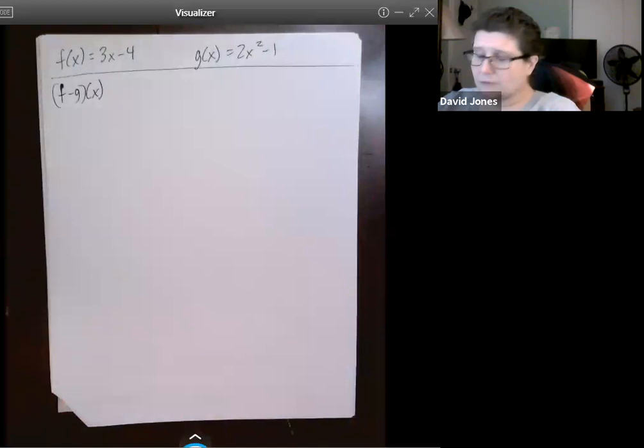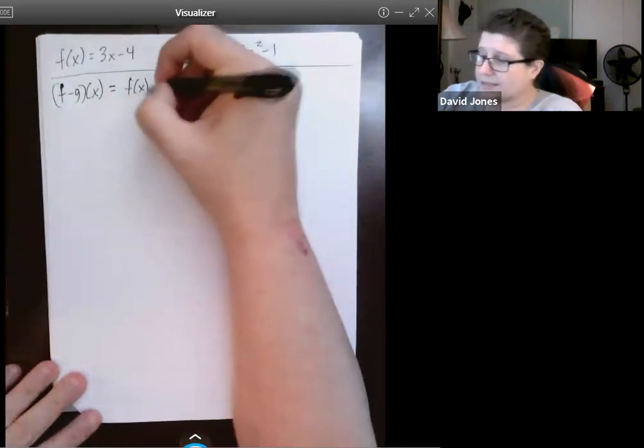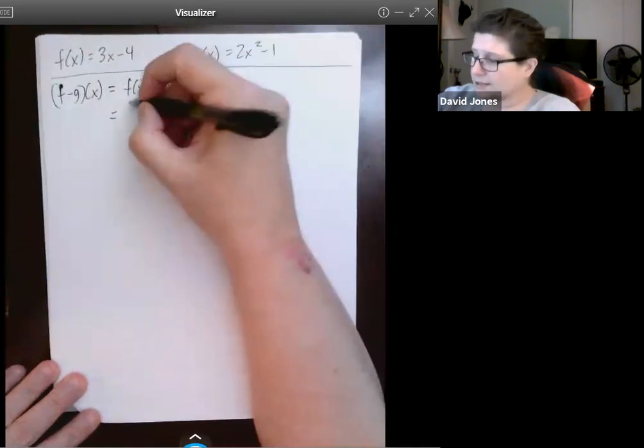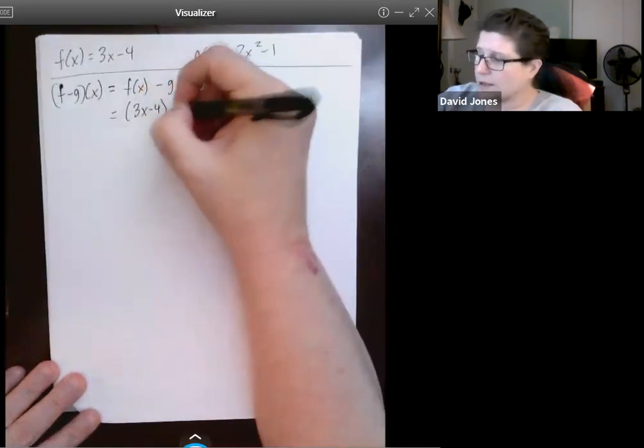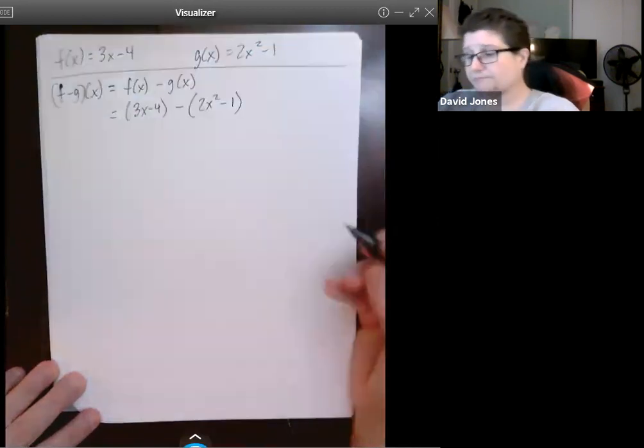Now here, I did not give you a value to evaluate x at. So we literally just have to do it as it is. This is f of x minus g of x, and we have to stick with the x's. So we've got 3x minus 4 minus 2x squared minus 1.